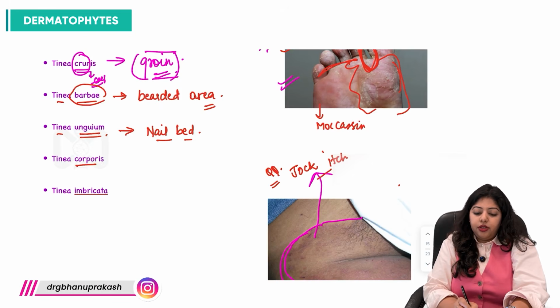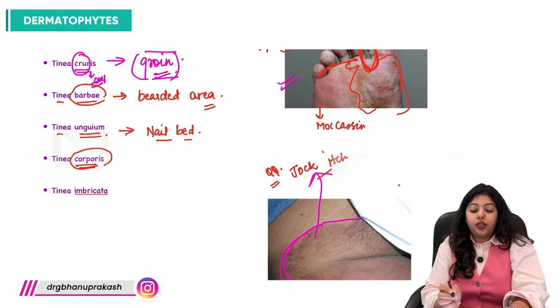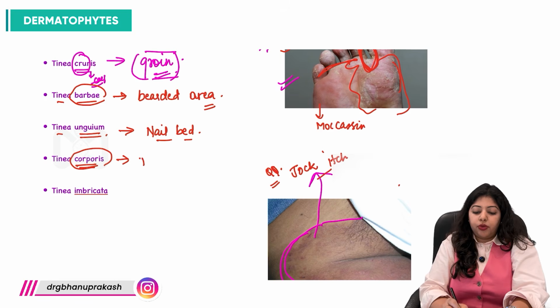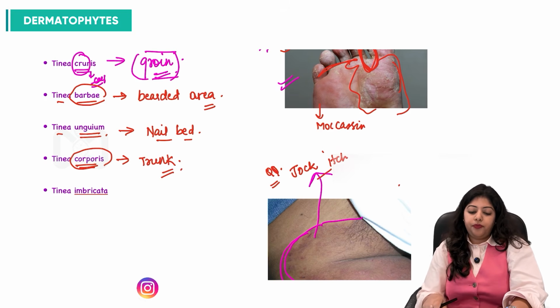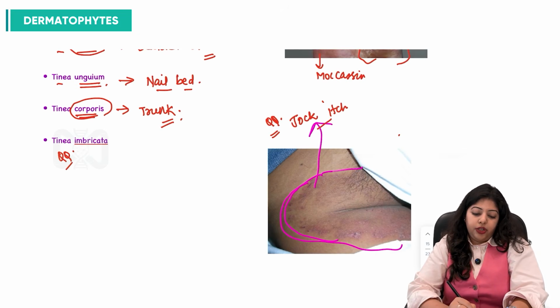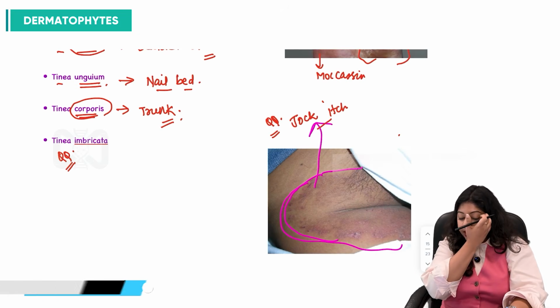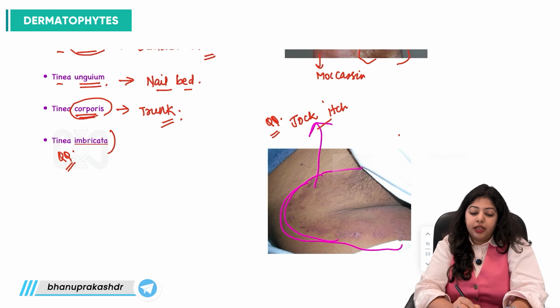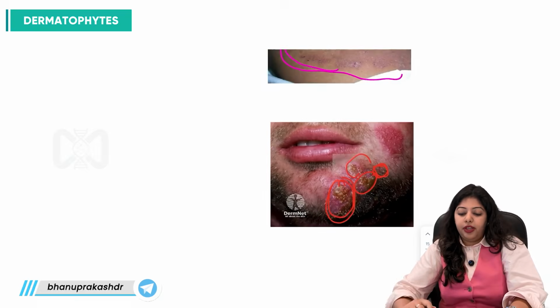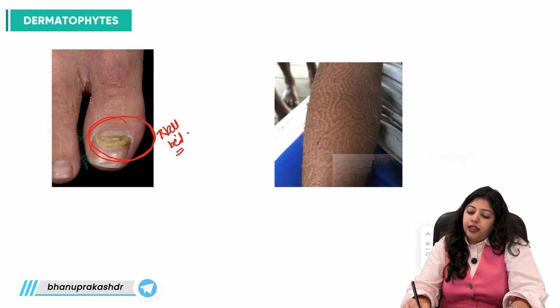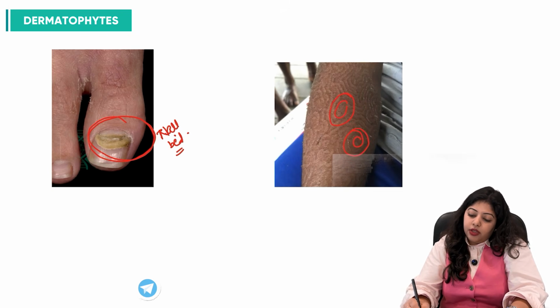So this is Tinea unguium infection, and this is nail bed infection. Another infection involving the trunk is caused by Tinea corporis, right? Tinea corporis. A question which is now getting asked is the Tinea imbricata type of infection, where there are going to be concentric lesions present on the skin surface, right?